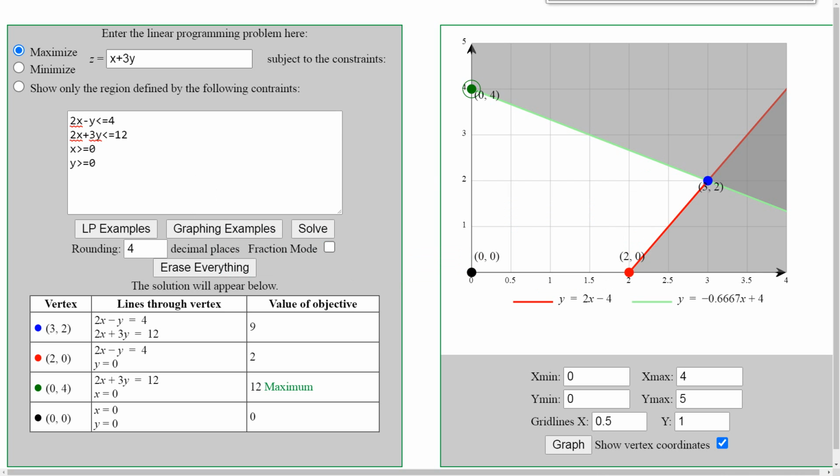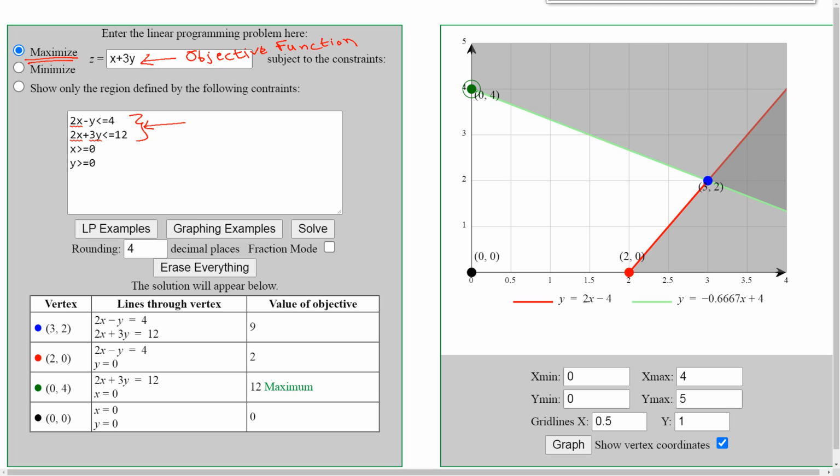So first example which we are going to see is this: maximize z is equal to x plus 3y. This is the objective function. Maximize, you can see that this is a problem of maximization. Maximize objective function z is equal to x plus 3y subject to linear constraints.